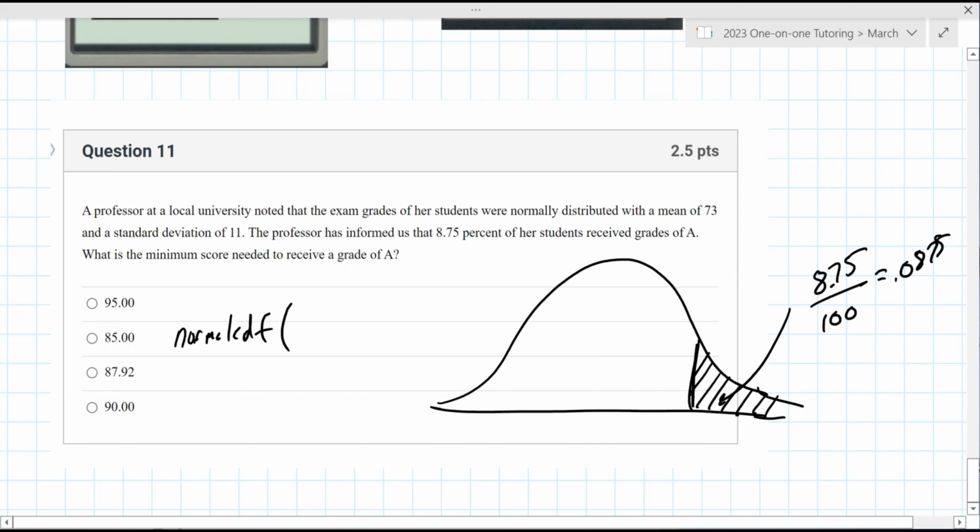If you did a normal CDF of say 95 to 10 to the 99, and your mean is 73 and your standard deviation is 11, if it gives you 0.0875, you've got it. But if that didn't work, you'd have to change this 95 to one of these other ones. That's kind of like the working backwards approach to this. Now, if you don't like that, we can do it another way.